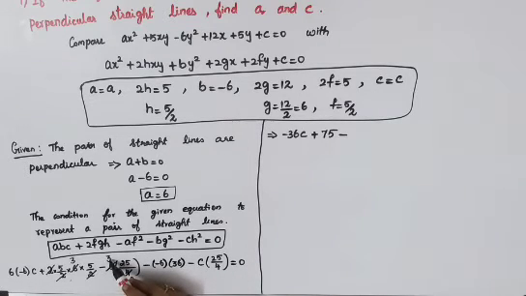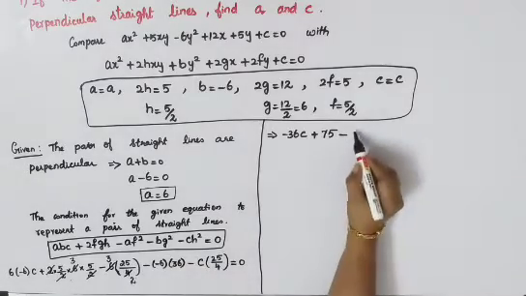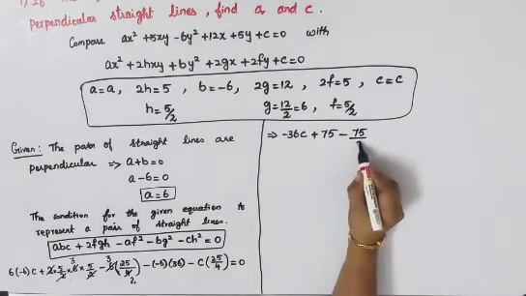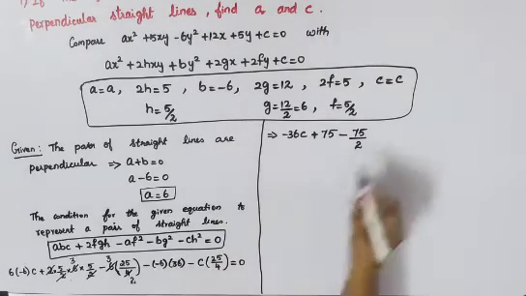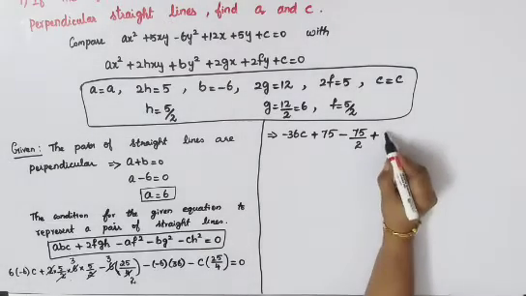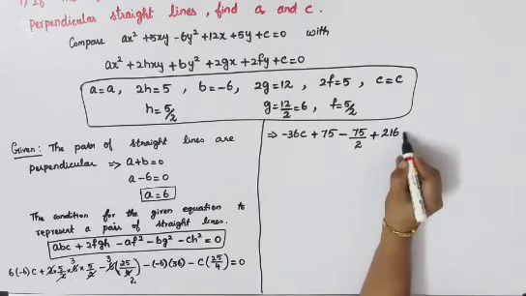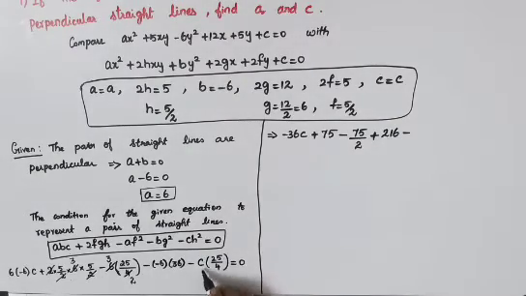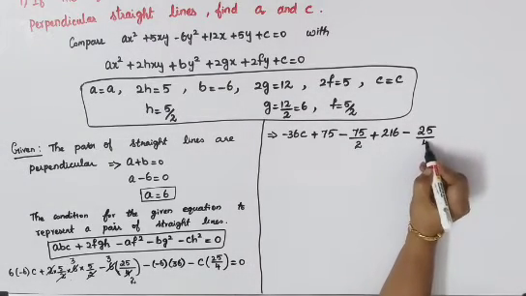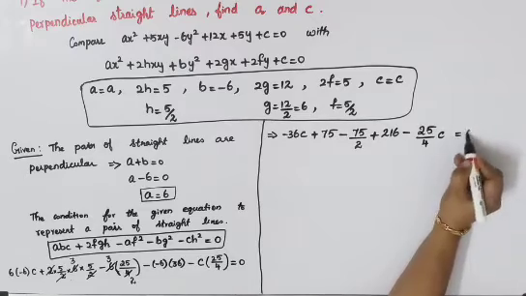So 3 and 25 you will get 75 divided by 2. Then minus into minus it will become plus. 6 into 36 you will get 216. Then minus this 25 by 4, C is there as it is. So I will just write it as 25 divided by 4 with that C, which is equal to 0.